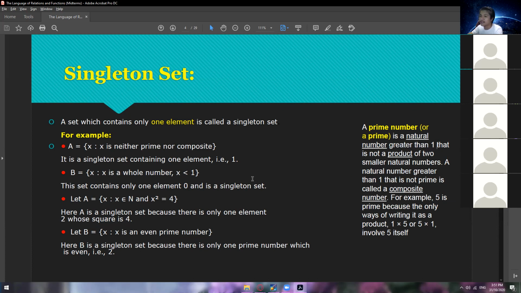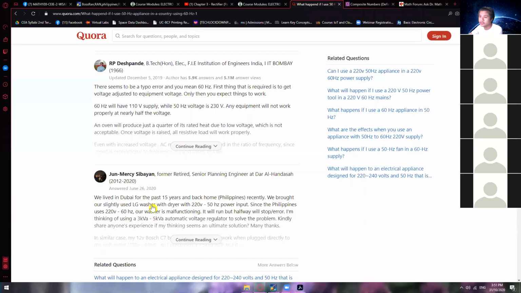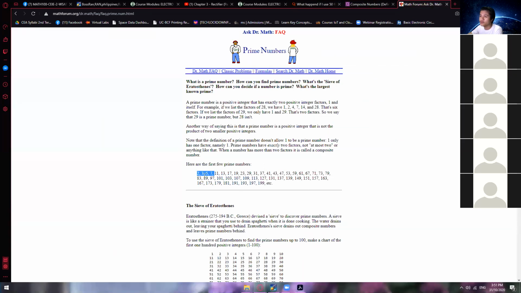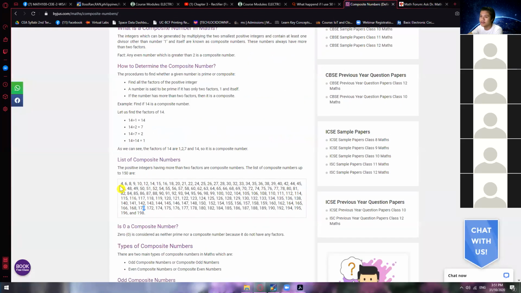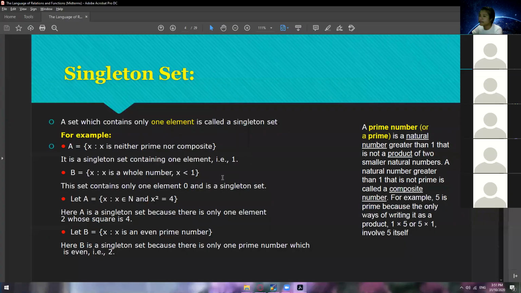And then 2, yung susunod doon, 2 is already a prime number. 2, 3, 5, 7, hanggang 4, 6, dire-diretso na yon. If you combine the examples of prime and composite numbers, lahat sila kompleto na aside from 1. So in here, we could say that set A is a singleton set, kasi isa lang yung element niya, which is 1.